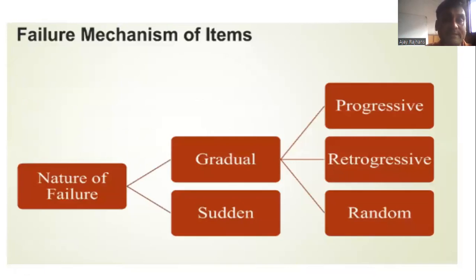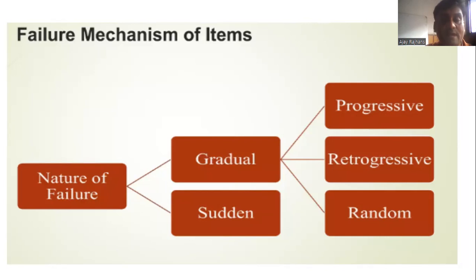According to the failure mechanism, students, it depends on the nature of the failure. In nature, the failure has gradual and sudden parts. Gradual has three kinds: progressive, retrogressive, and random. Progressive means it goes step by step, gradually deteriorating progressively. Retrogressive means it fails suddenly, but after that it works very well.